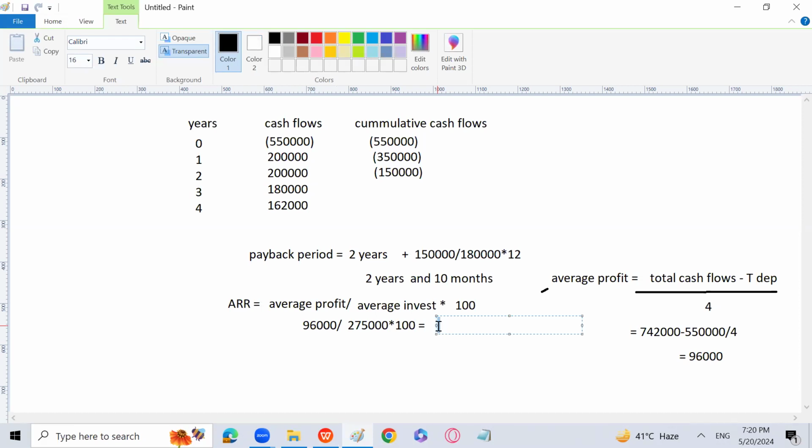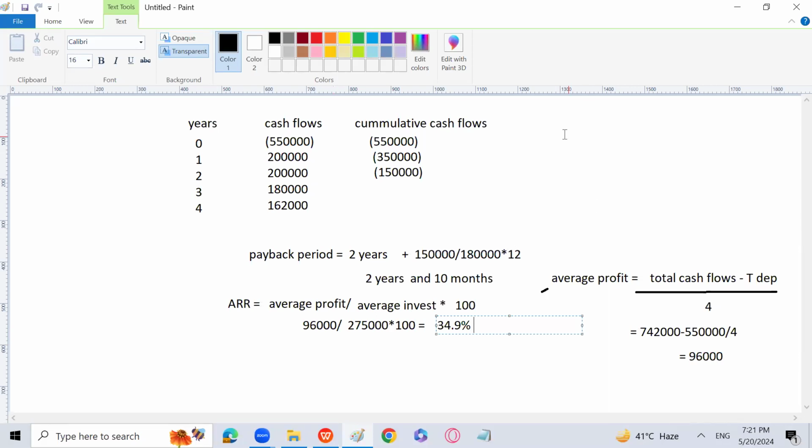How much will it come to, please? 34.9%. You may write 35% also. So 35% is a good ARR as per this question. We can easily understand that.